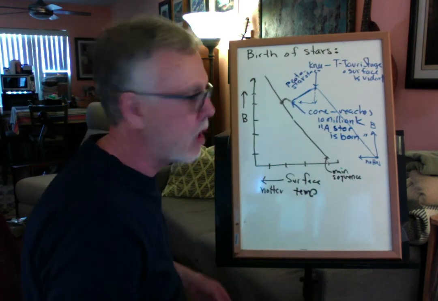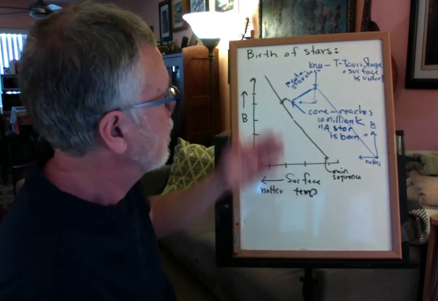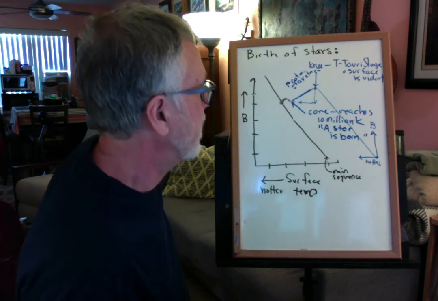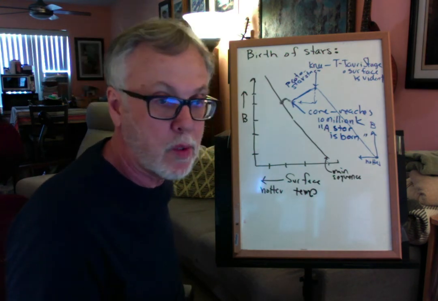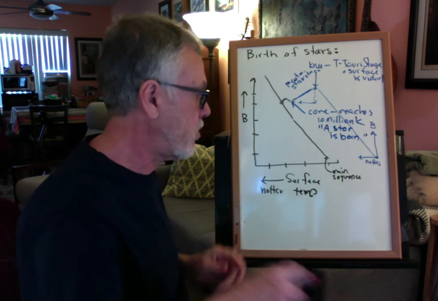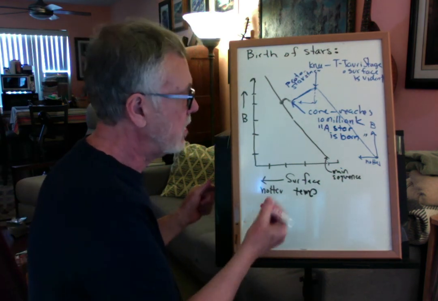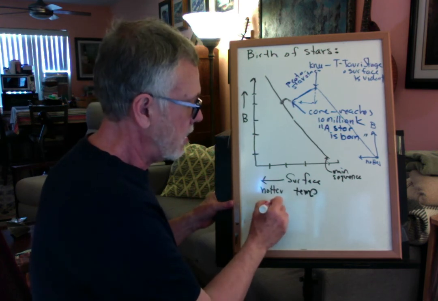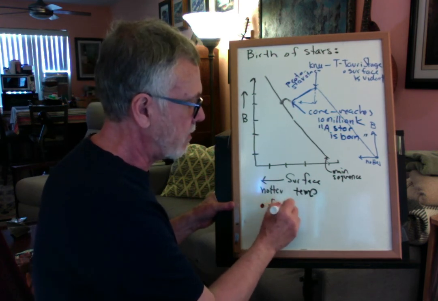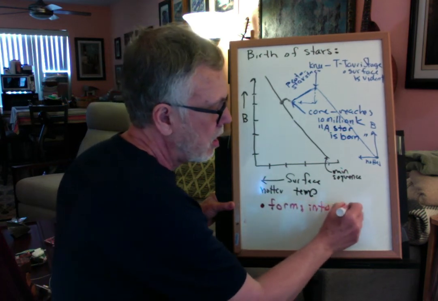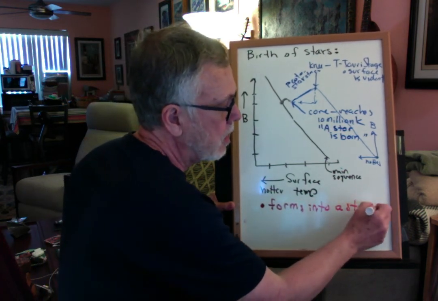It's a normal star. It's a little brighter, maybe a little hotter on the outside, but it's stable and it's become a main sequence star. Notice something. First off, as it forms into a star, it's still not on the main sequence.